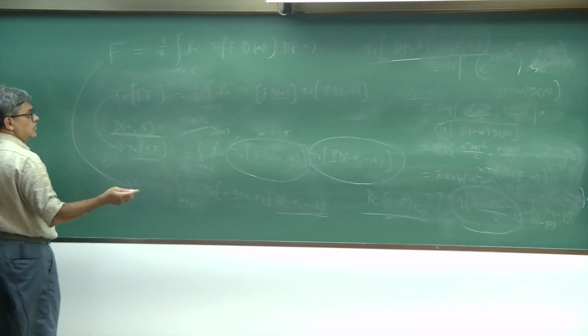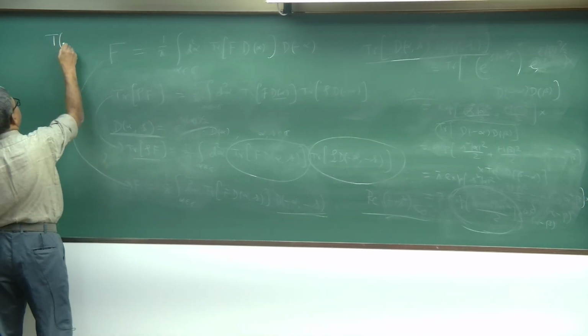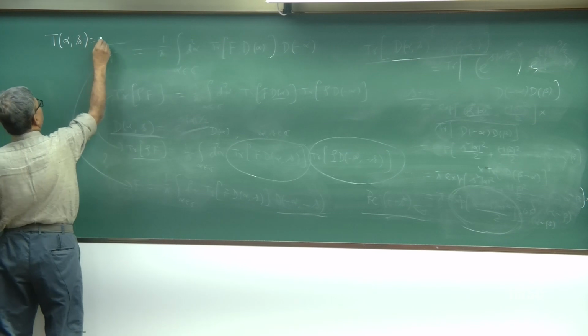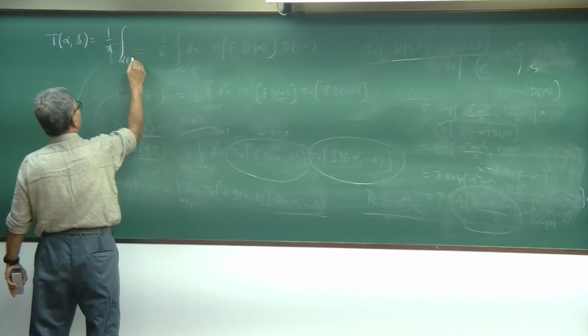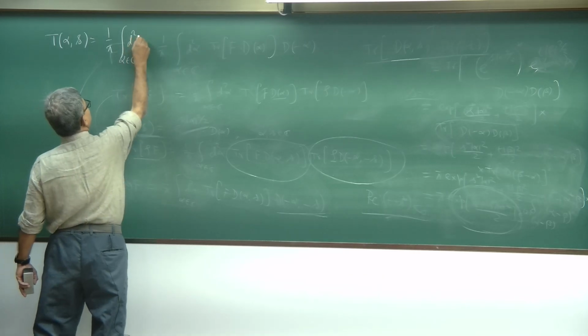So, now let us look at this operator T alpha s, which is 1 upon pi, the complex Fourier transform of the modified displacement operator.